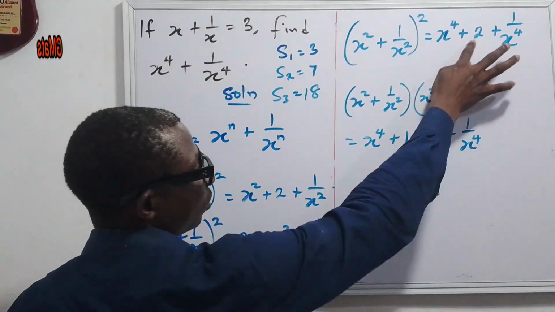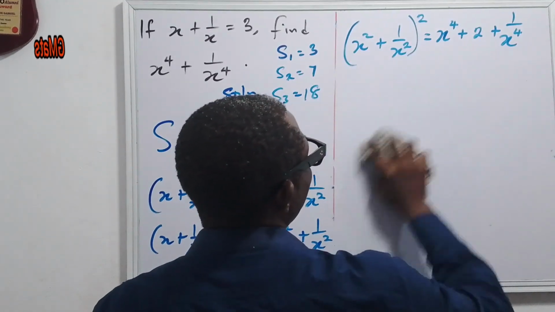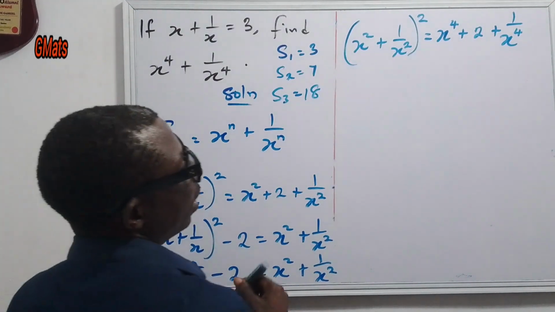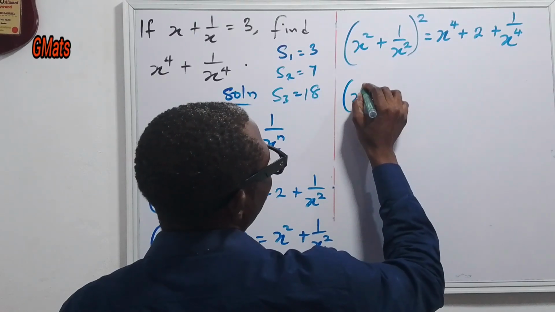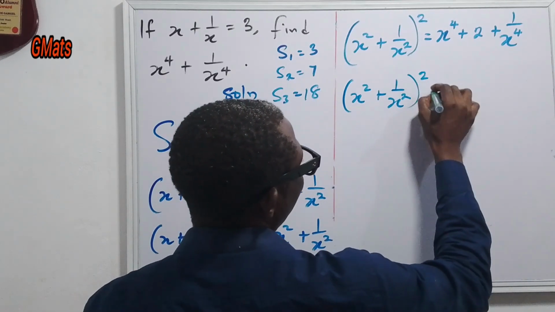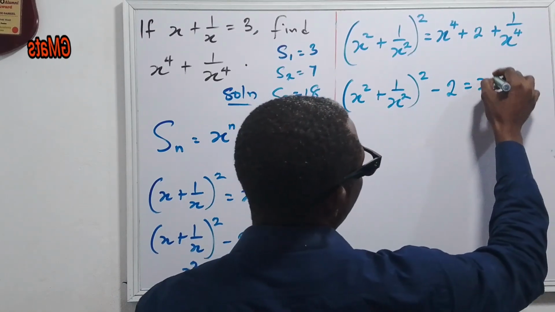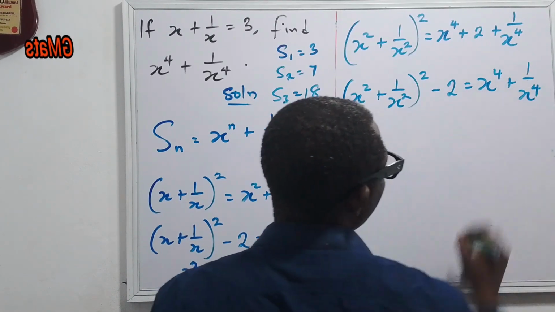Now this and this give you 2. So that's how we arrive there. Now let's transpose these two. So we have x squared plus 1 over x squared, all raised to the power of 2, minus 2 equals x raised to the power of 4 plus 1 over x raised to the power of 4.